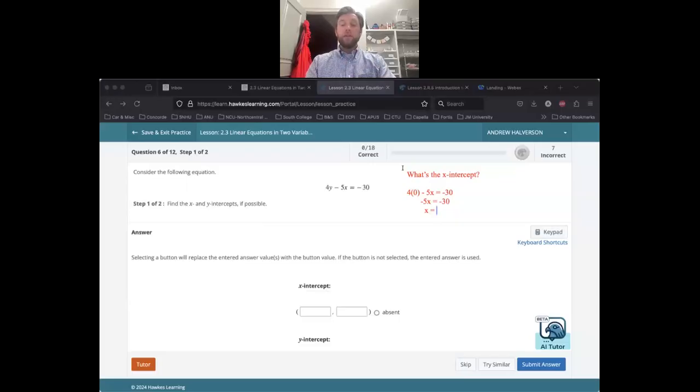Divide both sides by negative 5. So negative 30 divided by negative 5. Don't forget about your calculator. And negative 30 divided by negative 5 is positive 6.